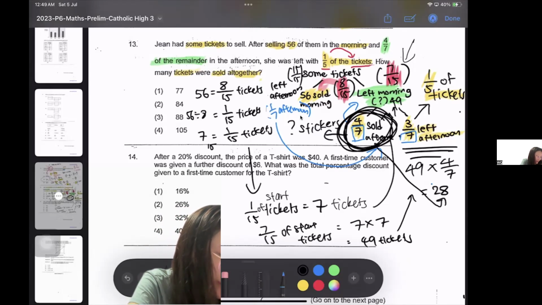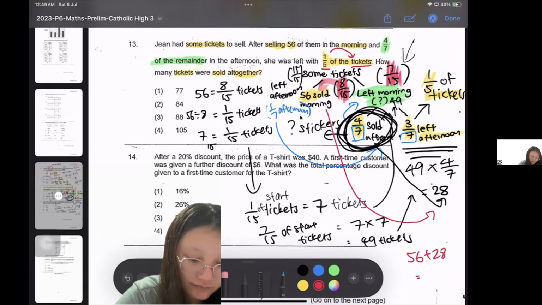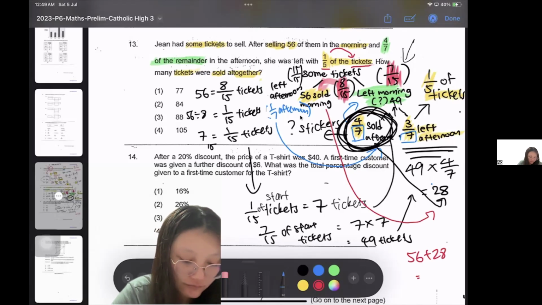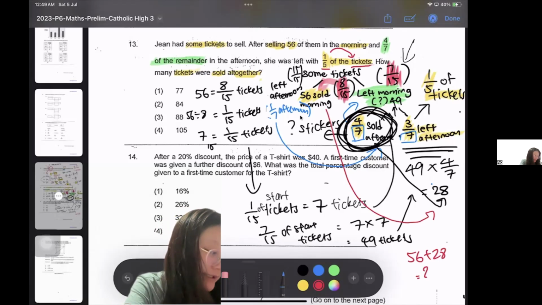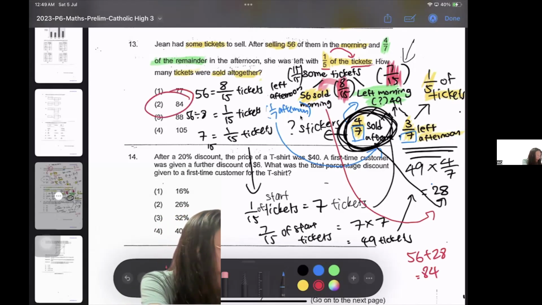So total sold will be the 56 over here plus this 28. So 56 plus 28, total will be 84. So the answer is 84 for this question.